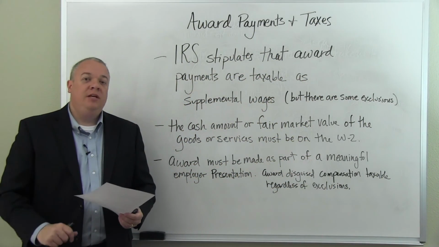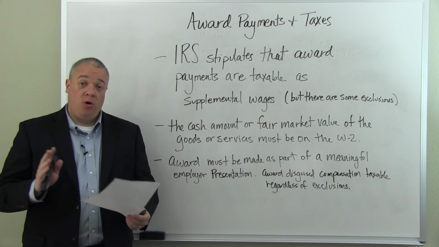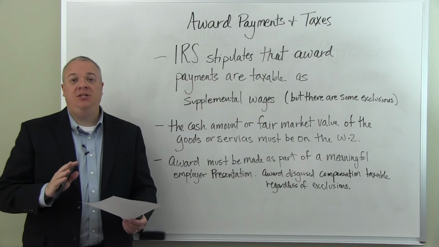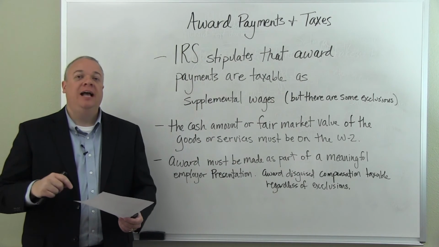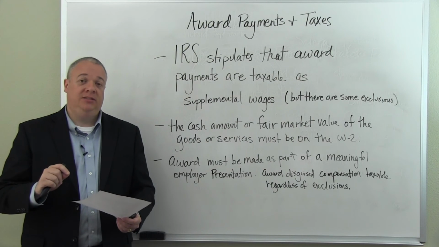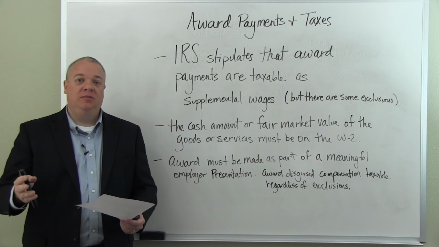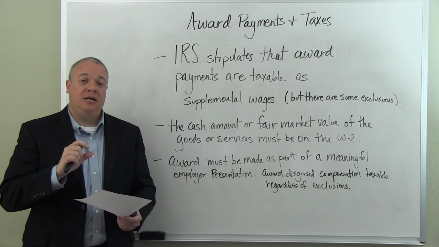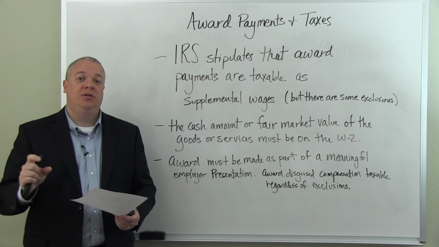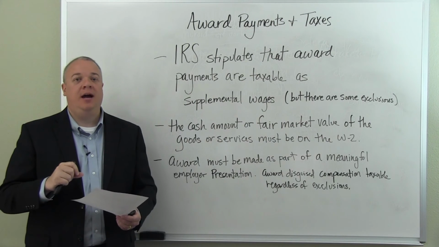Right now we're going to briefly go over awards, award payments, award compensation, services, goods, as it relates to taxes. Are awards, safety awards, length of service awards, either monetary compensation, goods or services, taxable according to the IRS?